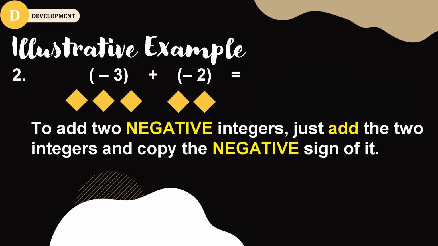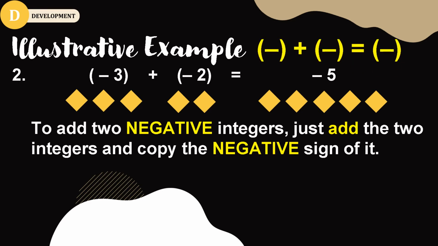So we simply add 3 plus 2 equals 5. Then copy the sign and the answer is negative 5. Thus, we can conclude negative plus negative equals negative.